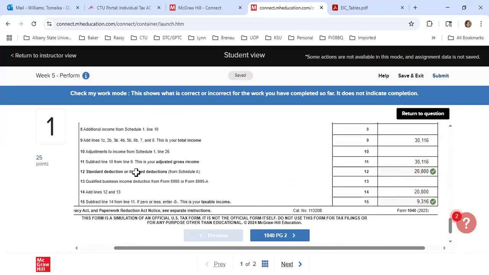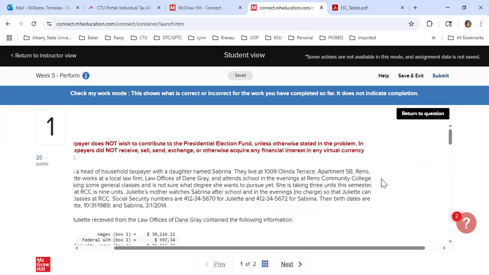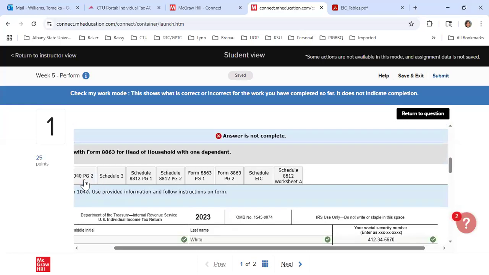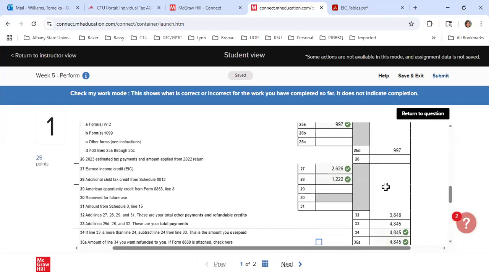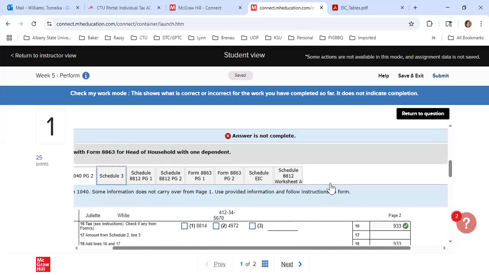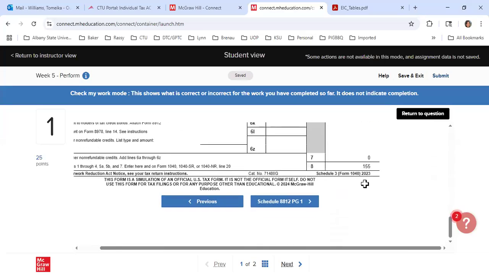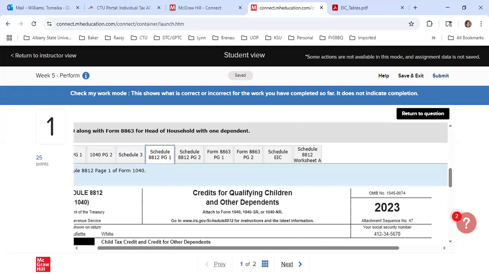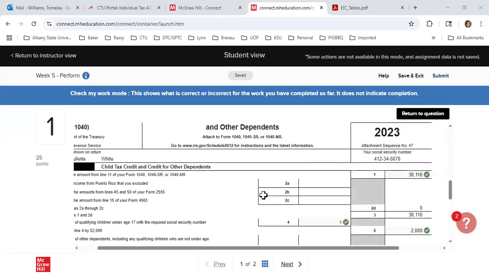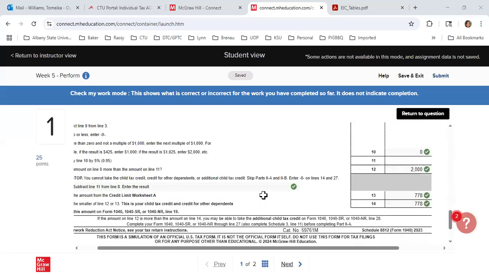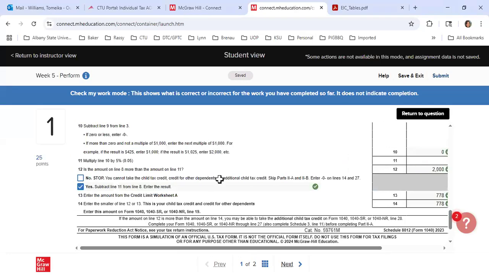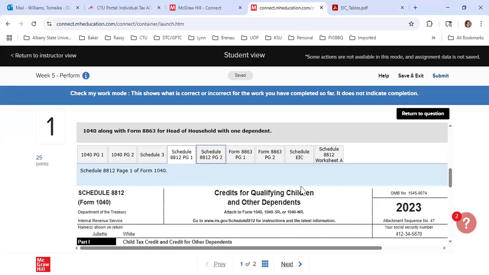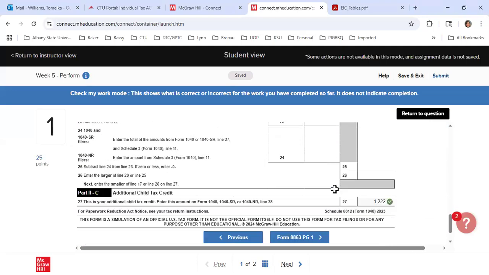All those boxes are checked. Page 2, everything is complete there. Schedule 3, everything is there. 8812. We're okay there. All right. Page 2 of 8812.